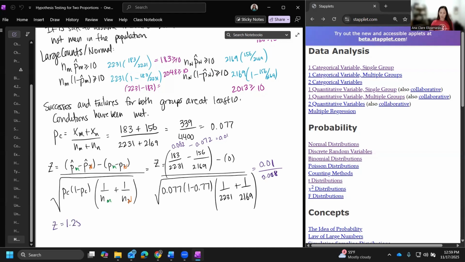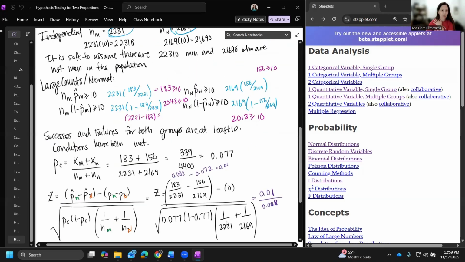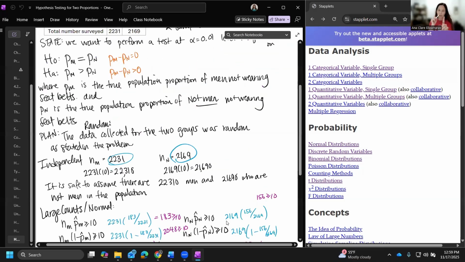Okay. So next what we're going to do is calculate the probability of being more than that z-score. Because if you go back to the null hypothesis up at the top, our null hypothesis was that men was greater than not men.